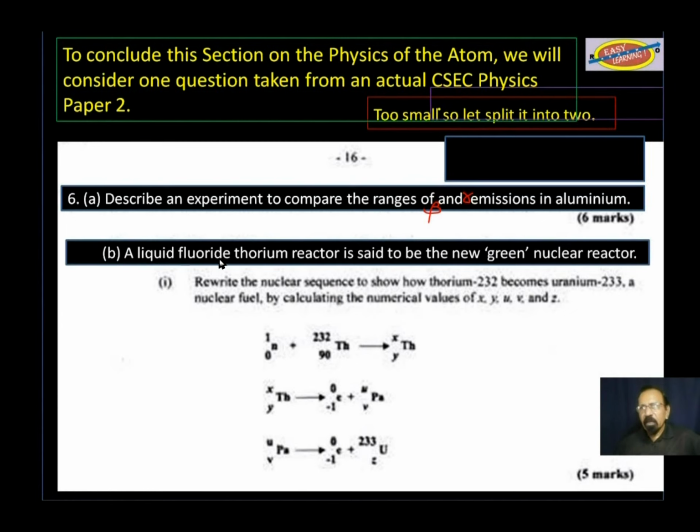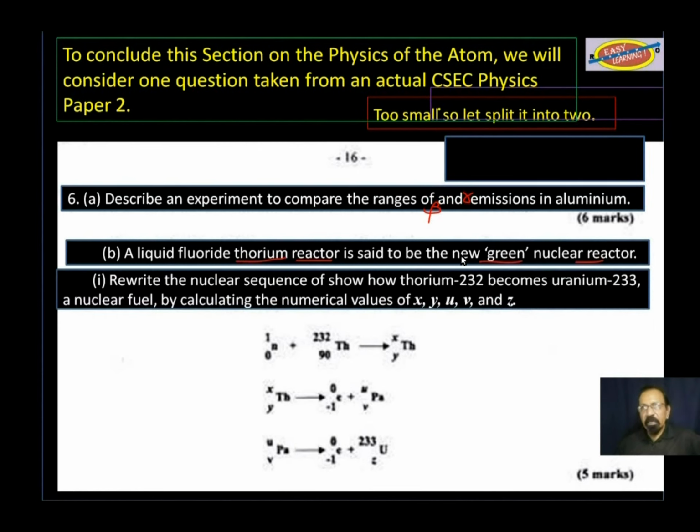And then it says a liquid fluoride thorium reactor is said to be the new green nuclear reactor. Rewrite the nuclear sequence shown below of how thorium-232 becomes uranium-233, a nuclear fuel, by calculating the numerical values of X, Y, U, V, and Z.